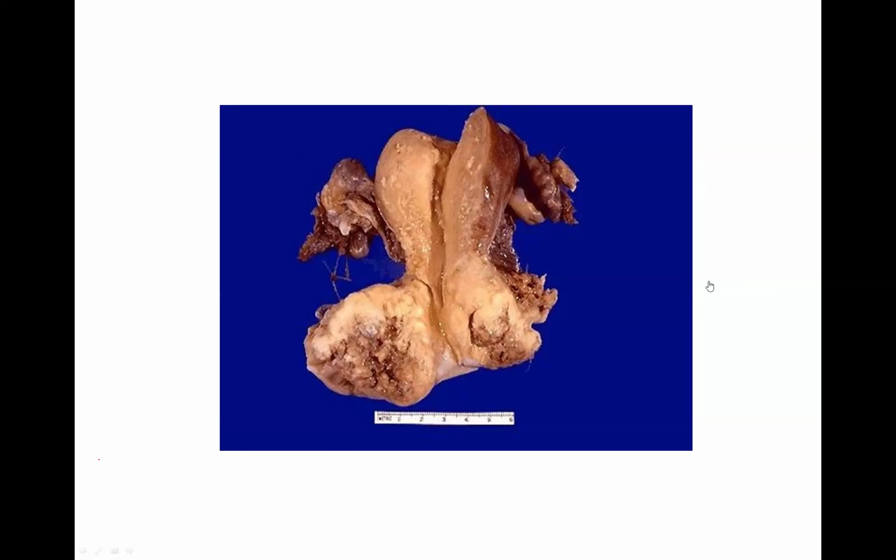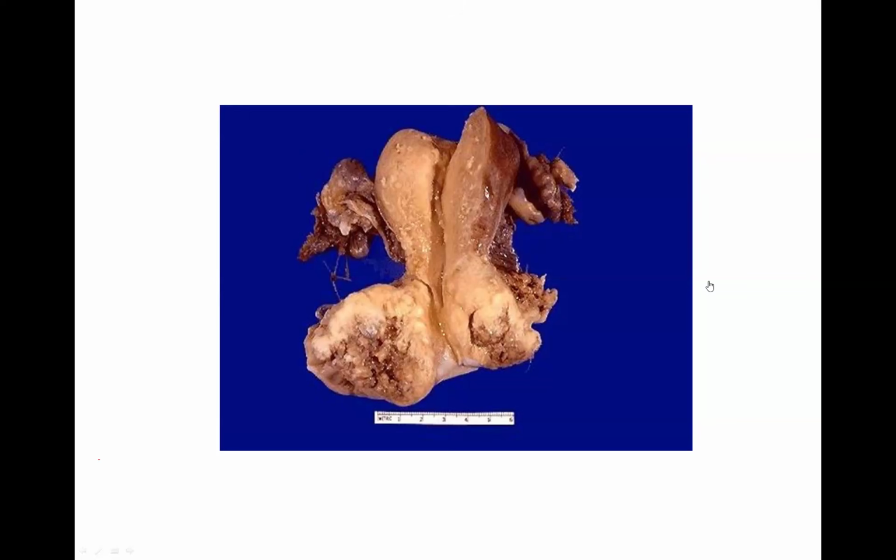The technique you will prefer is based on availability. If you are in a good center setup, you will prefer IMRT, IGRT. You can also treat by 2D if these facilities are not available.